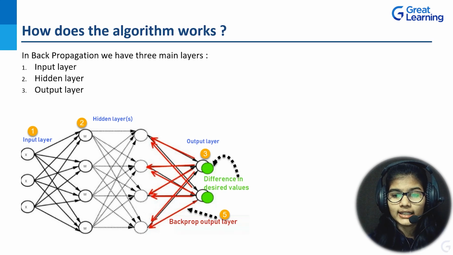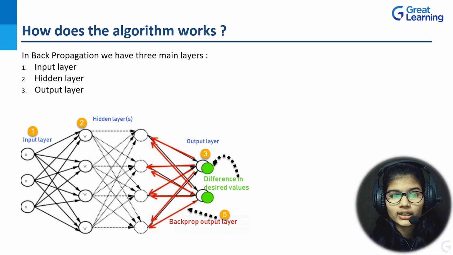And the third one is your output layer. Whatever the functioning is in the input layer, the hidden layer, and the output layer, all of it works with respect to these three layers only.